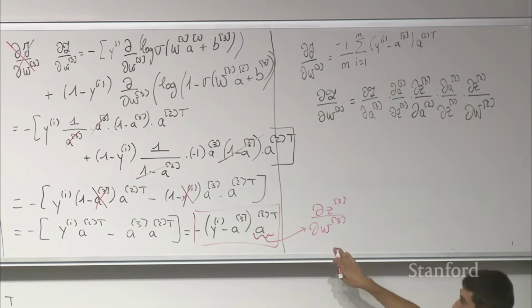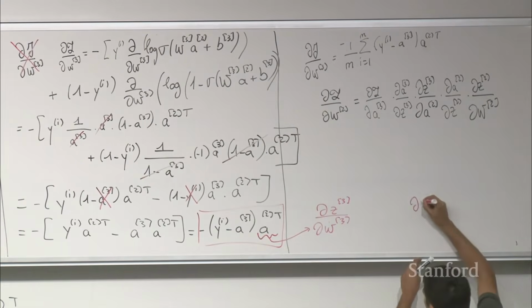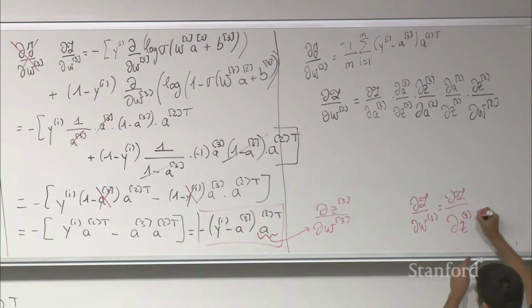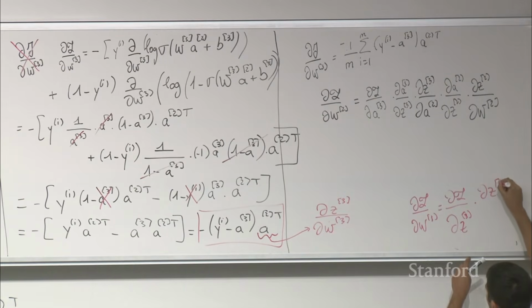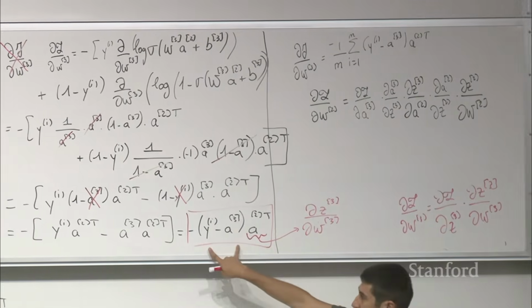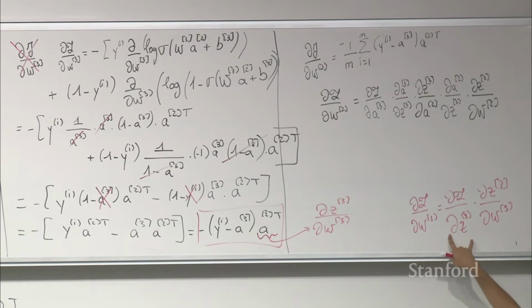Because I wanted to compute the derivative of the loss with respect to W3, I could have written it as the derivative of the loss with respect to Z3 times the derivative of Z3 with respect to W3. And I know that this is A2 transpose, so it means that this thing is the derivative of the loss with respect to Z3. Does it make sense?